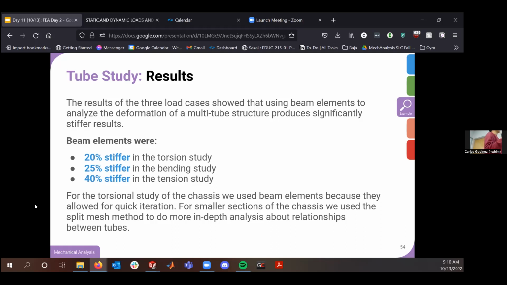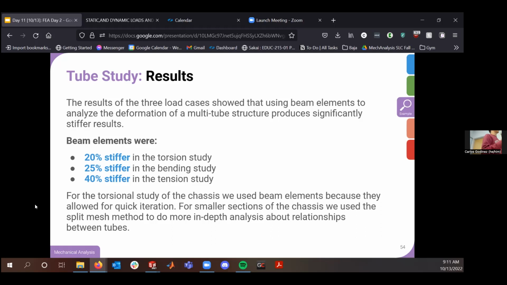That being said, you will not find, especially for a space tube chassis, that we have to use actual solid elements or shell elements. It will usually be beam elements because you'll treat it as just a giant frame with a bunch of nodes.